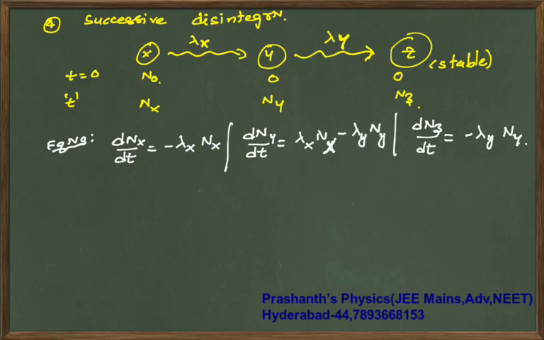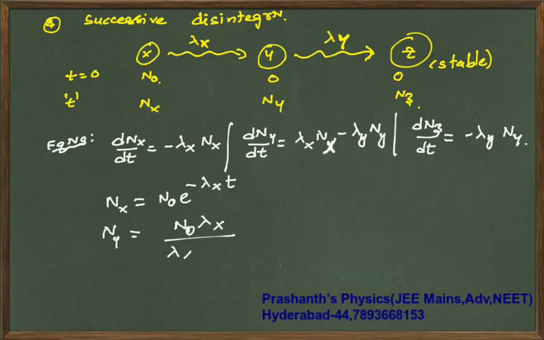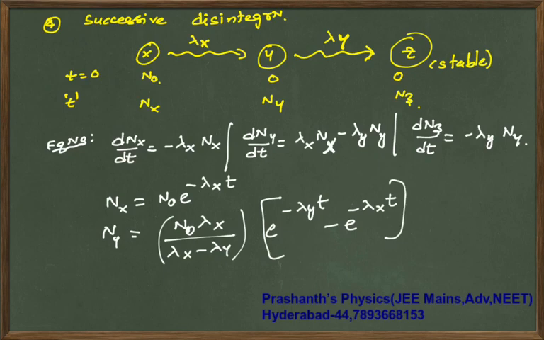Now your Nx in this is N naught times e power minus lambda x into t. Your Ny formula is N naught times lambda x by lambda x minus lambda y times e power minus lambda y into t minus e power minus lambda x into t. Then Nz, if you want, substitute this equation into this result to get the value of Nz.